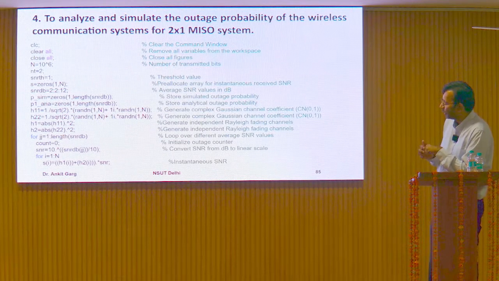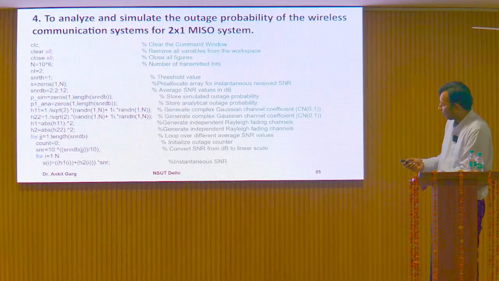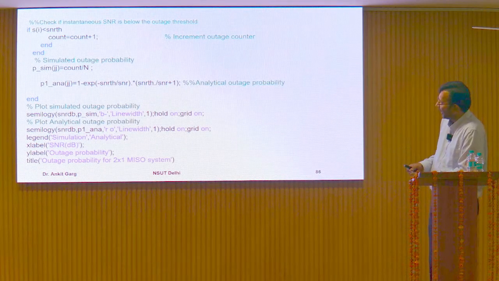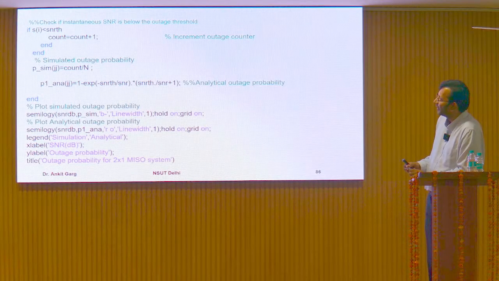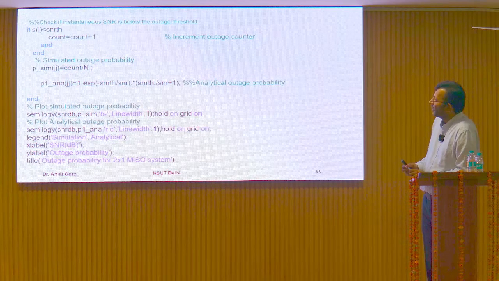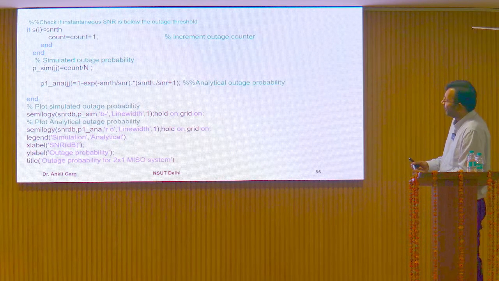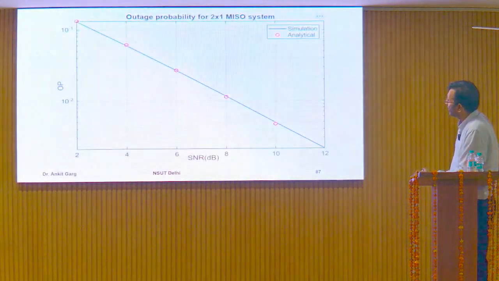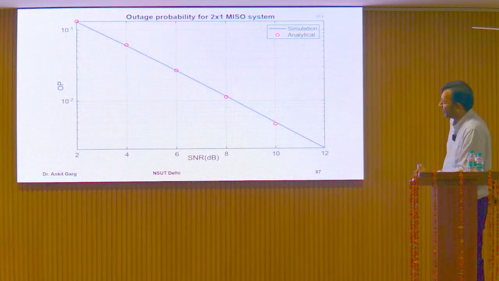So we are counting how many times the received SNR is less than the threshold value of SNR, right? Then average it. This P1 NR reflects the analytical outage probability as mentioned in the comment, and it also gets matched with each other, right?